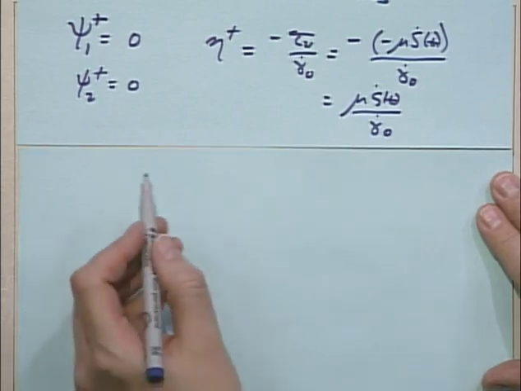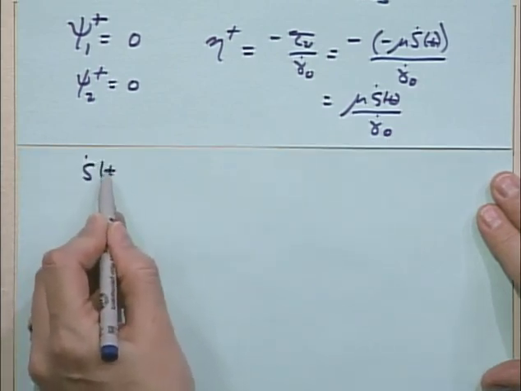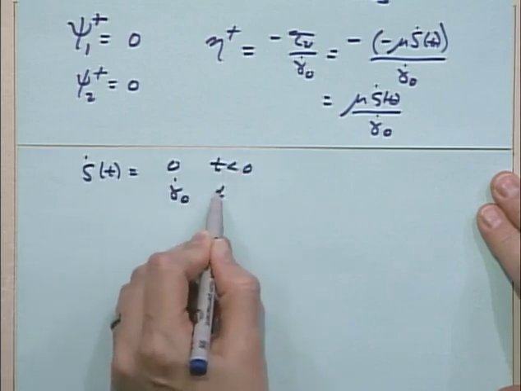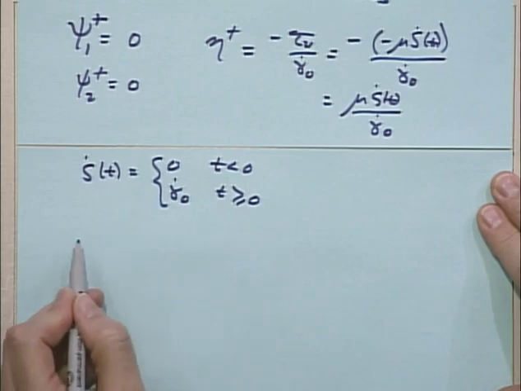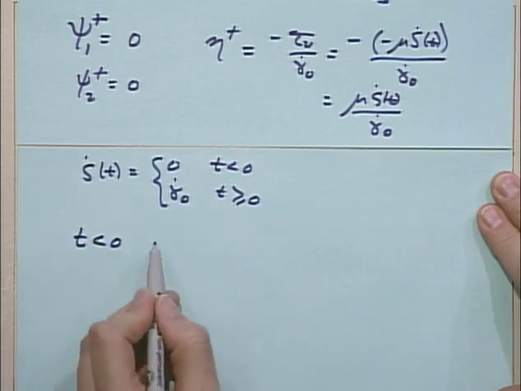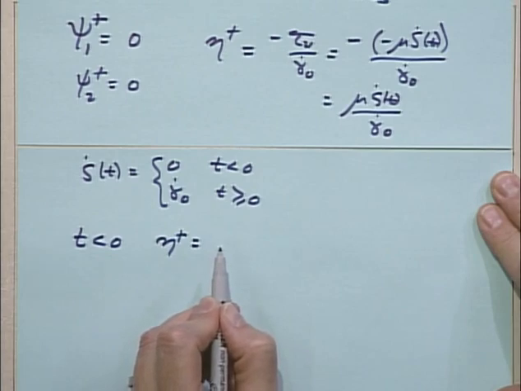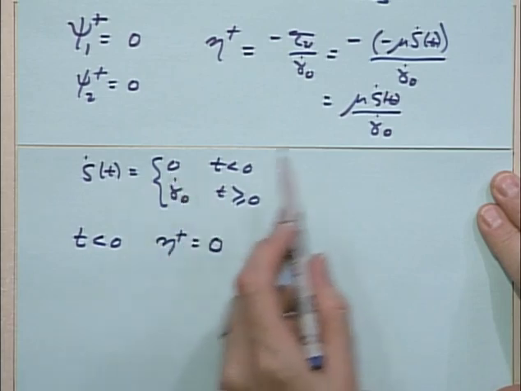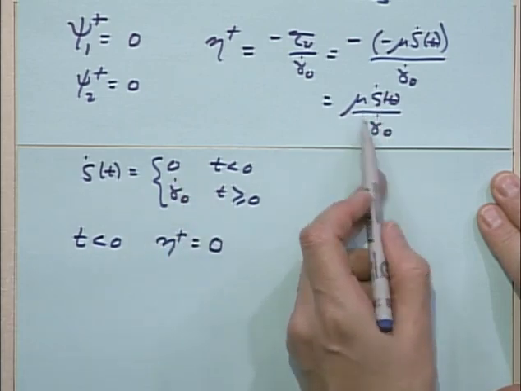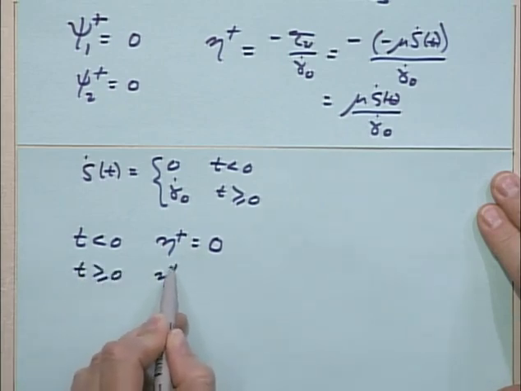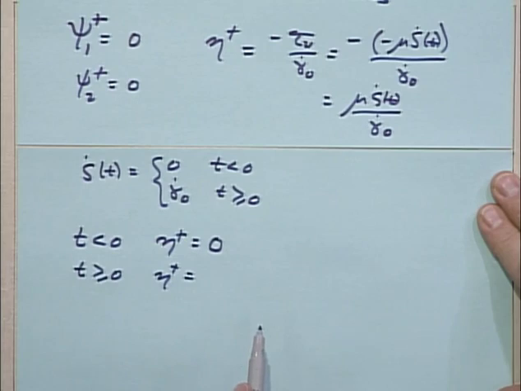It was given. Sigma dot of t is equal to 0 for t less than 0, and it's equal to gamma dot naught for t greater than or equal to 0. So for t less than 0, eta plus is 0. For t greater than or equal to 0, eta plus is equal to mu.